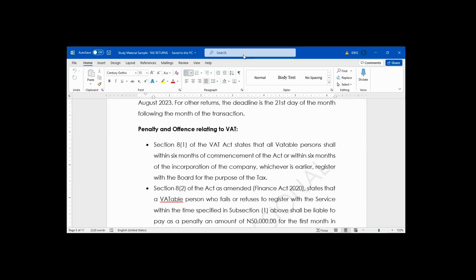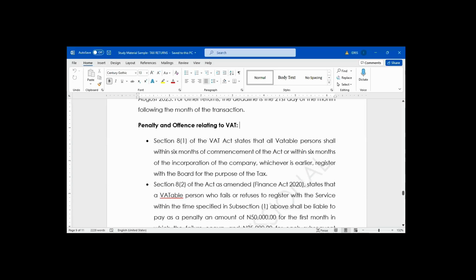Now, failure to file VAT return is going to attract penalties. What is the penalty?